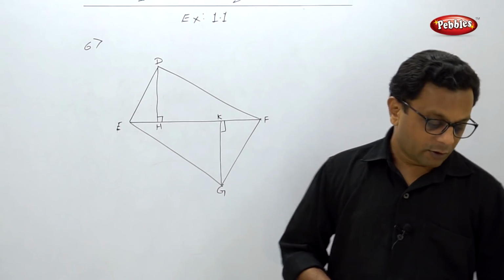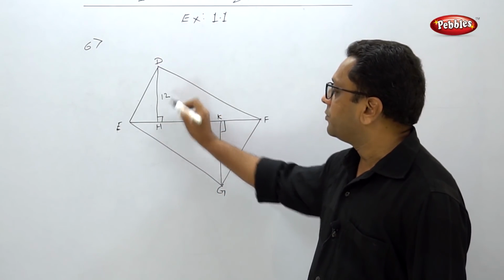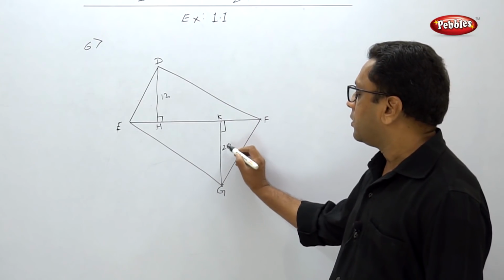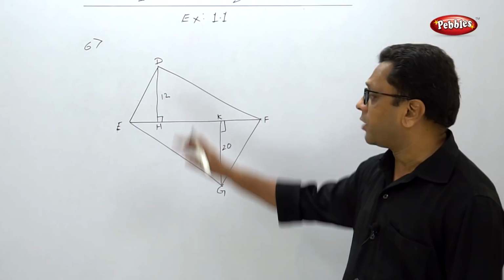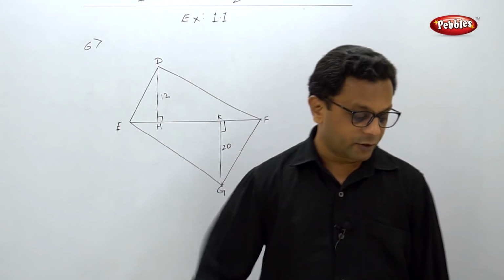Now they are given that DH is 12 and GK is 20. Here they are given in centimeters. I am not writing the centimeters unit here, but in the answer we have to write the unit.